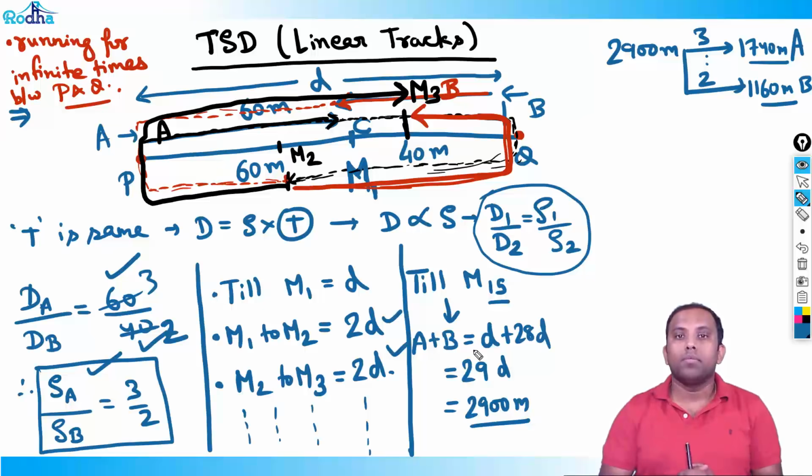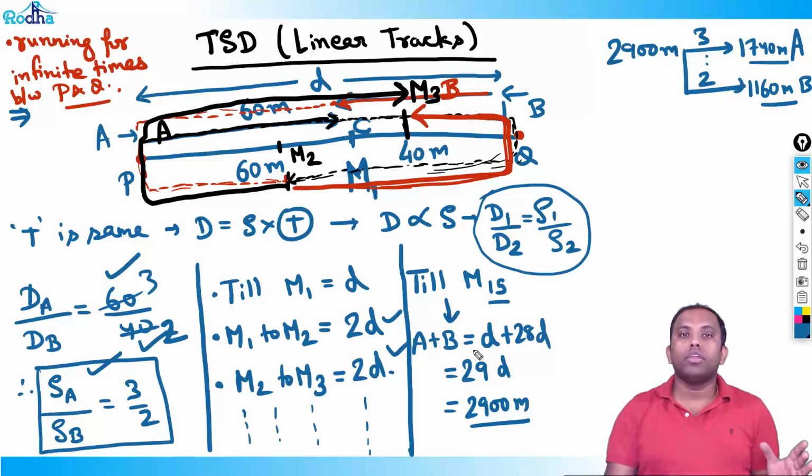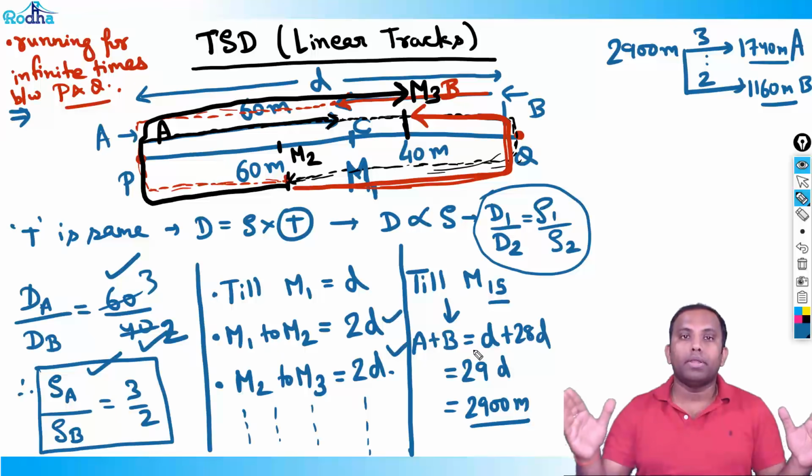About linear tracks when they meet at different points, and they kept running for infinite times between these 2 points. I hope it is clear. We started this funda from where A and B started at 2 opposite points which were 100 meter apart.